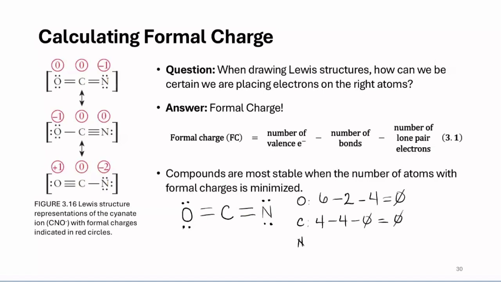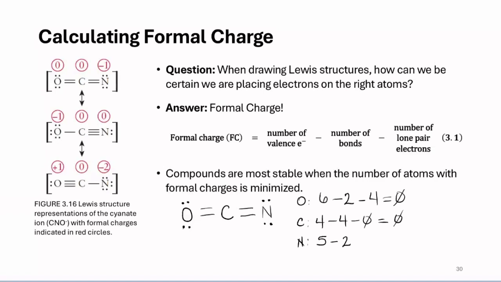Let's do the one for nitrogen. When it comes to nitrogen, let's understand that nitrogen specifically has 5 valence electrons because it lives in group 5A. So we write the value of 5 minus the number of bonds. Nitrogen has 1, 2 bonds. So there's 2 bonds here. And then minus the number of lone pair electrons, which means how many dots are around nitrogen.